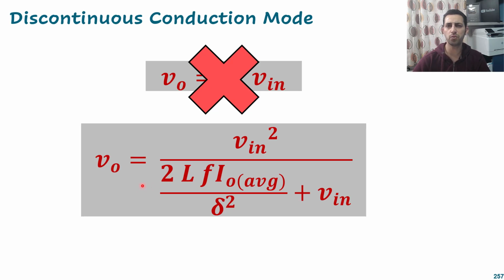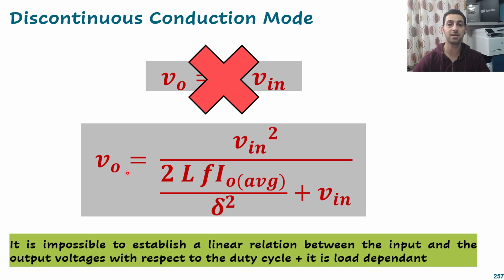And if you want to maintain the same output all the time, you have to get feedback, and you should design a controller for that and reduce or increase the duty cycle. So you see that now it's impossible to have a linear relation between V output and V input. We have a square here and we have a square there, okay? So the relation between the input and output is non-linear, and it is always load dependent.